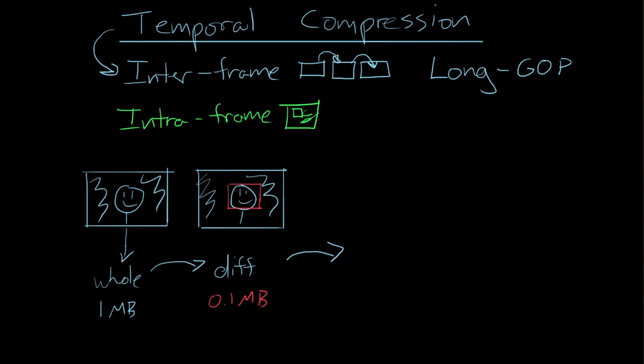You may have two frames that are almost exactly the same, so to store the next frame it might be 0.05 megabytes. So you can see how this can make a huge difference in the efficiency of a codec. If you had a codec that wasn't doing interframe compression, you would have to be storing 1 megabyte every single time for every frame. So this can save tons of space.